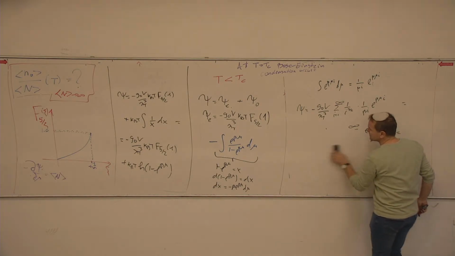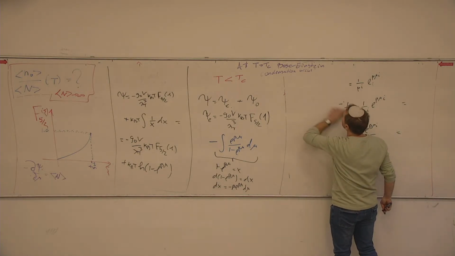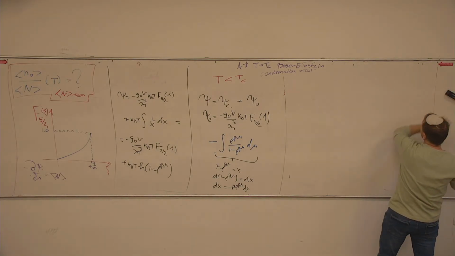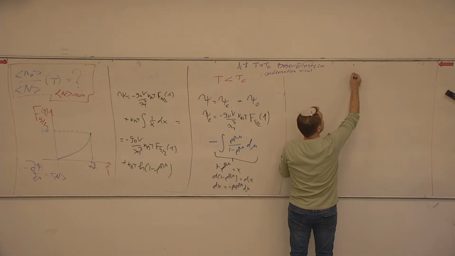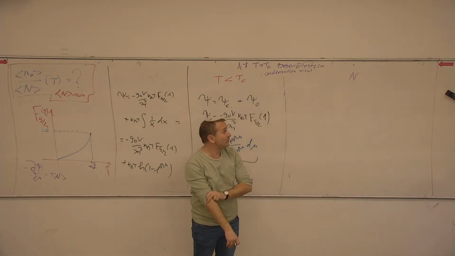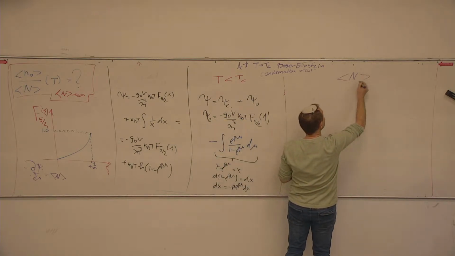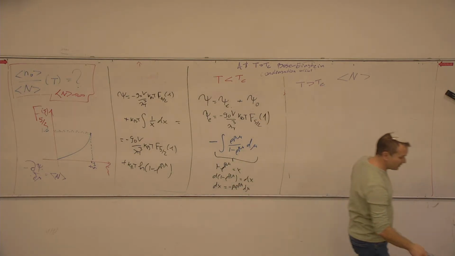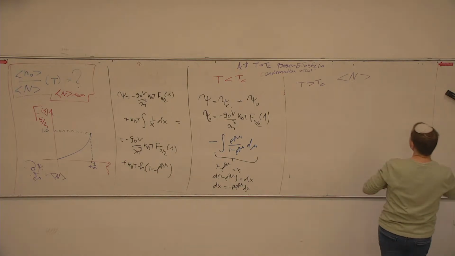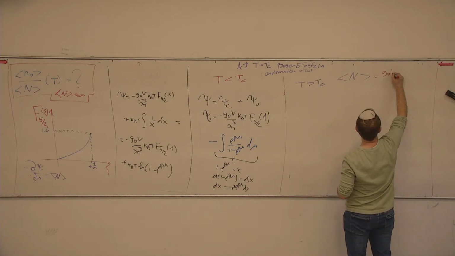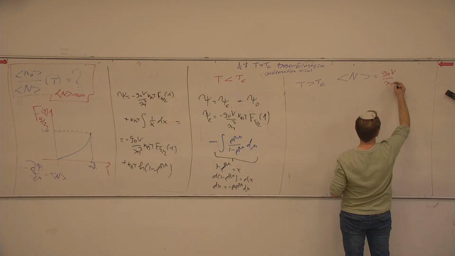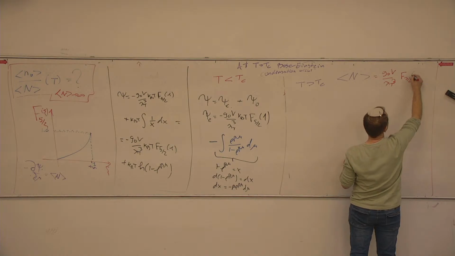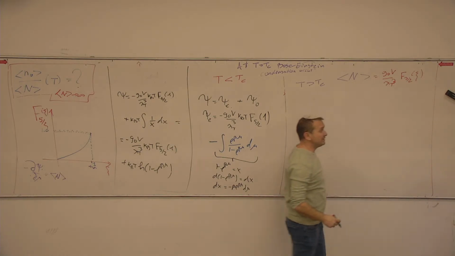Therefore, I can say the following thing. I know that for the average N, for T larger than Tc, it equals G0 V divided by lambda T to the third of f 3/2 of the fugacity. This I know.